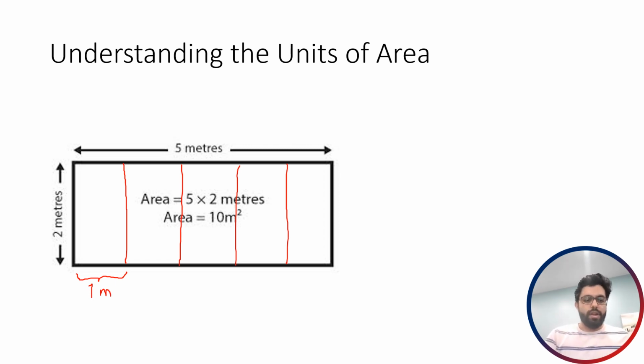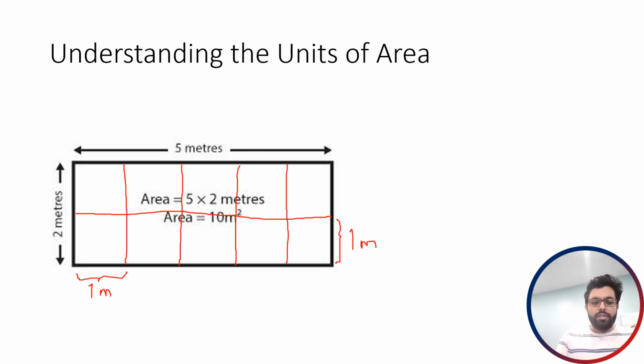And then also going across, it's 2 meters tall, this big box, right? So if I were to cut that going across, then this is also 1 meter, right? So now we've got 10 squares, and for all 10 squares, they've got a side length of 1 meter going around all 4 sides, right?